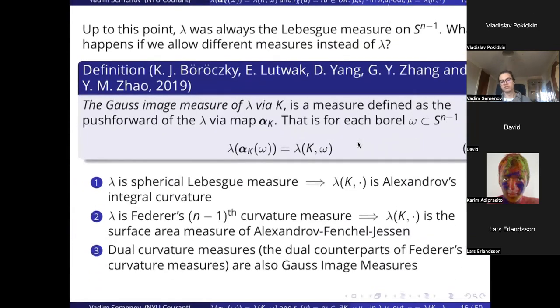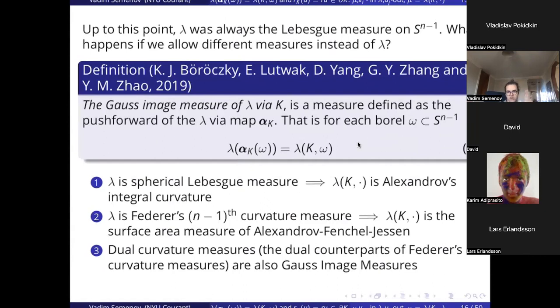So now lambda up to this point was always Lebesgue measure. But what if we consider different kinds of measures, not necessarily Lebesgue measure? This is the paper of Böröczky, Lutwak, Yang, Zhang, and Zhao in 2019, where they defined the Gauss image measure.